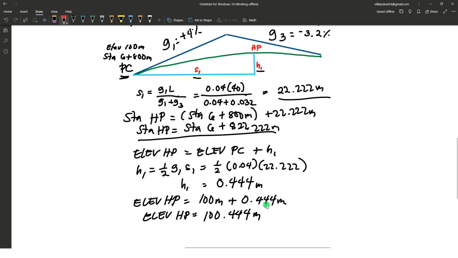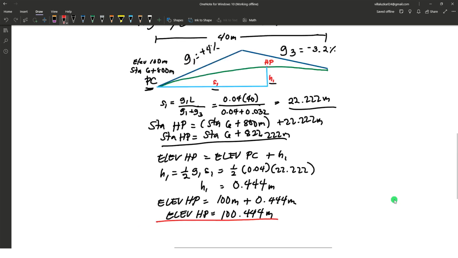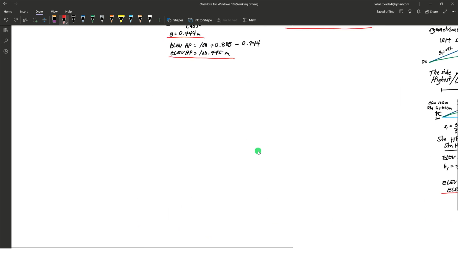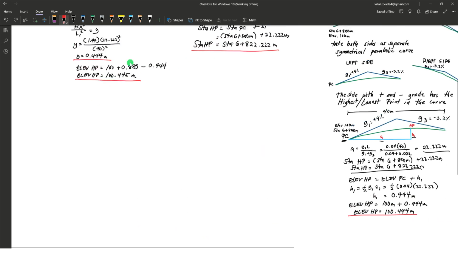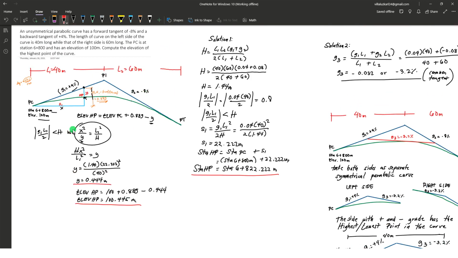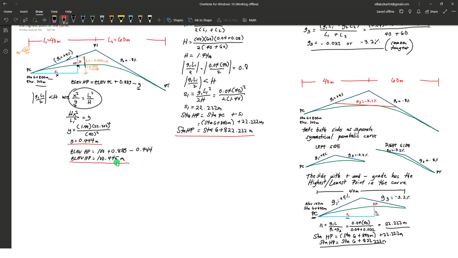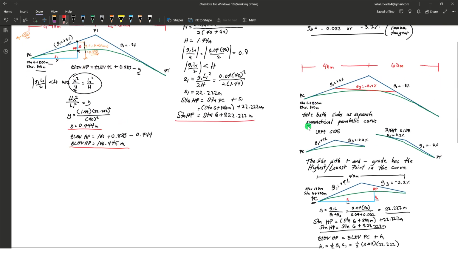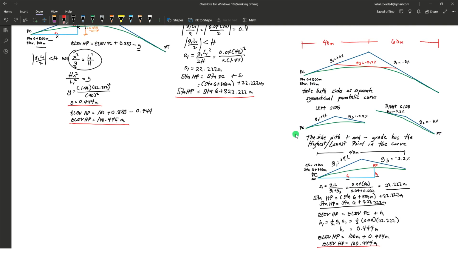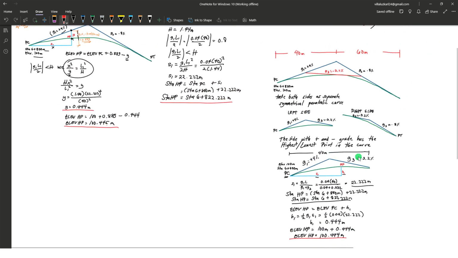That's your answer. Right here we have 100.445, because due to rounding off of some values during the computation, there's a slight difference on the decimal place of the final answer on the highest point elevation. So the two solutions have almost identical answers.